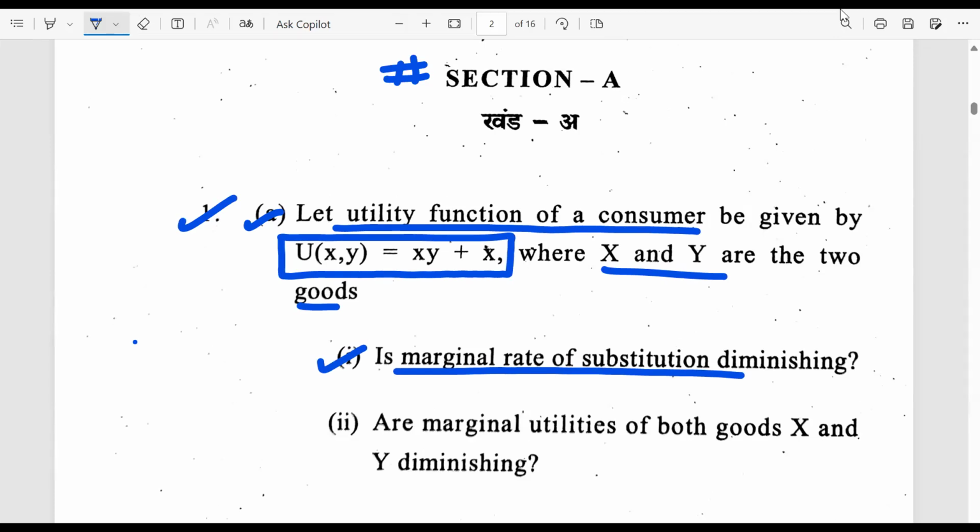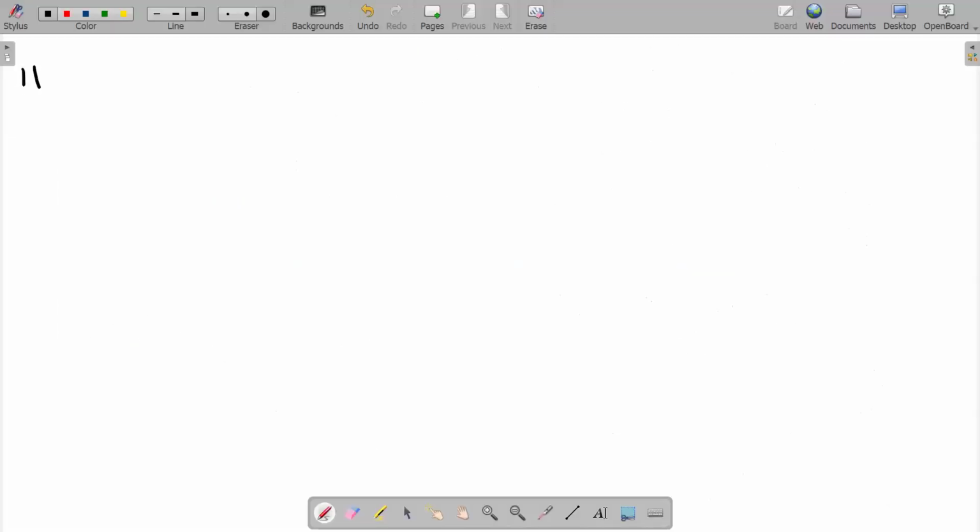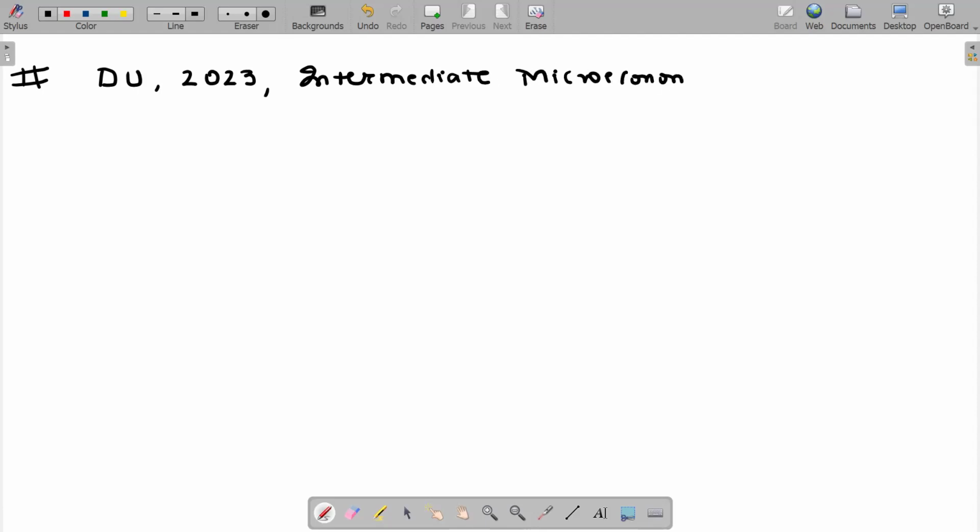So if I come to the whiteboard, I'm just writing the main heading for completeness. We are looking at the Delhi University 2023 question paper for intermediate microeconomics, for the intermediate microeconomics part 1 course.